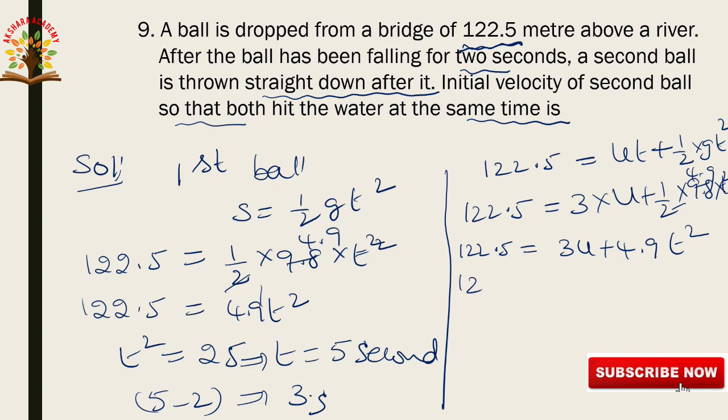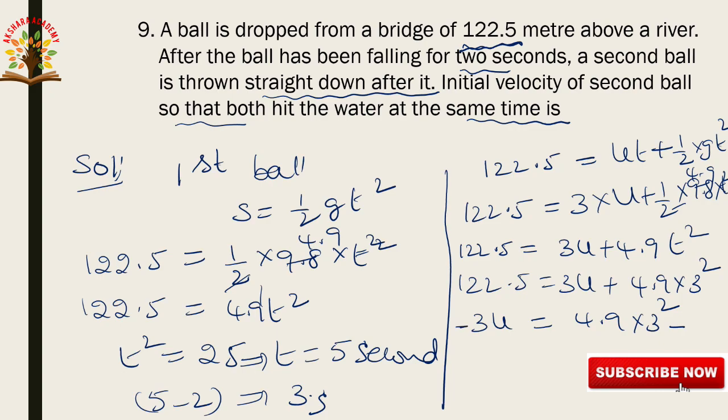Now we substitute the t value: 3u plus 4.9 into 3 square equals 122.5. So 3u equals 122.5 minus 4.9 into 3 square, which gives 78.4.